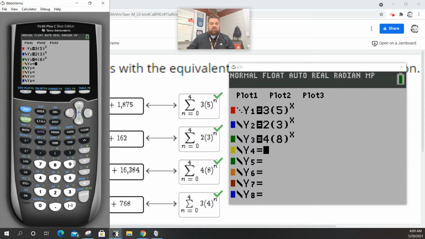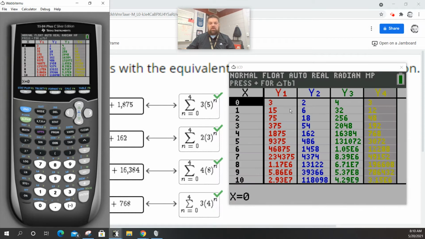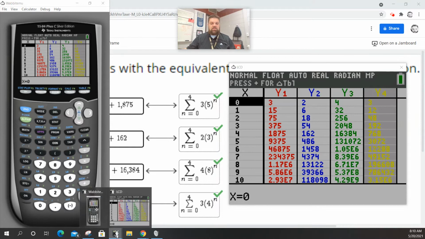The next one is 3 times 4 raised to the x. And now if I hit the table of values, it's going to tell me which is which. So let me take a screenshot of this because I think they only go up to 4 on all these.